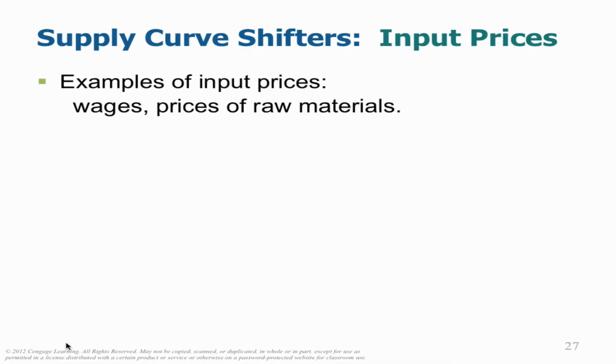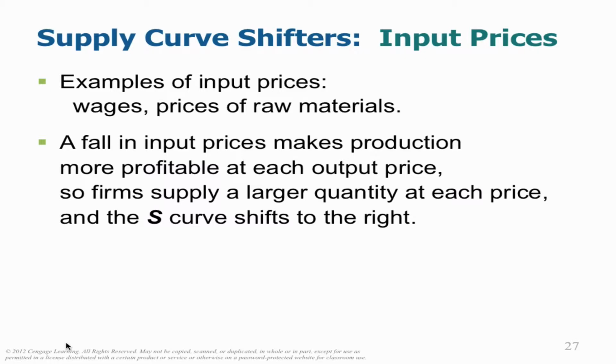It will go down. Good. The more expensive it is to make something, the less of it a supplier is going to produce. The less expensive it is, the more they will produce. Okay. And there is the reasoning in words, if you need to write them down.